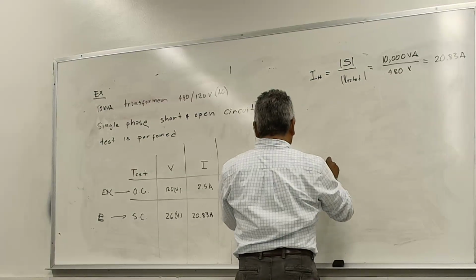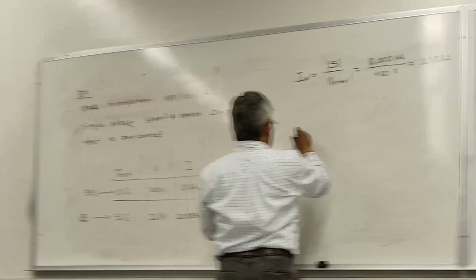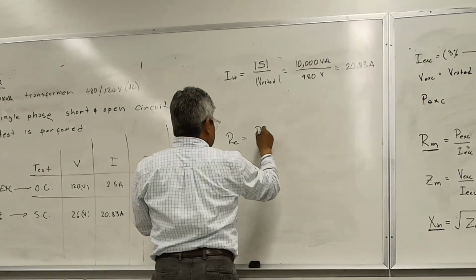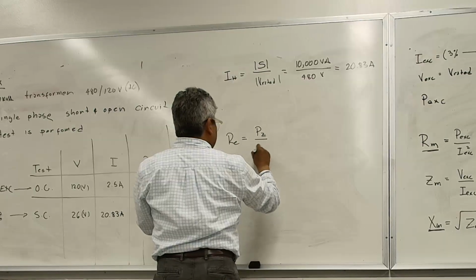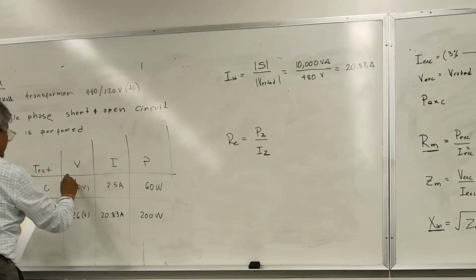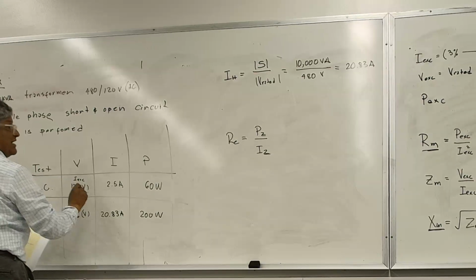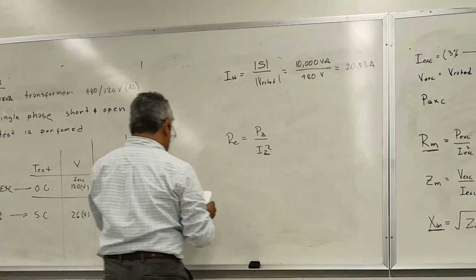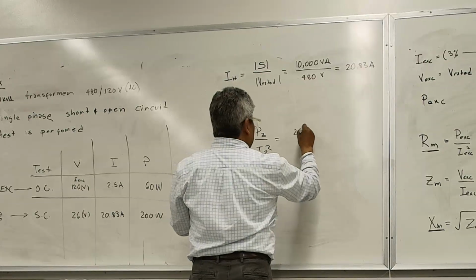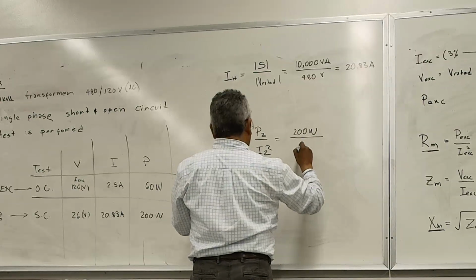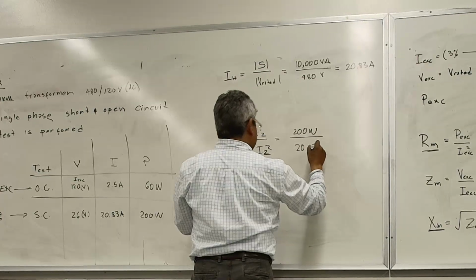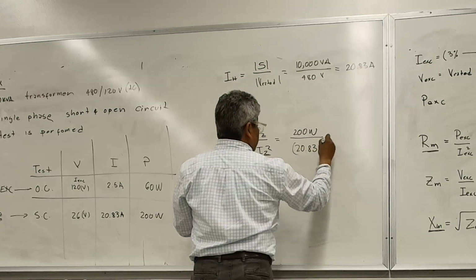My RE from these measurements is equal to PZ divided by IZ, again, I squared, right? Yeah, squared, I'm sorry. So this is 200 watts divided by 20.83 amps squared.